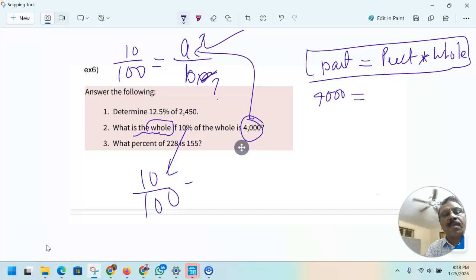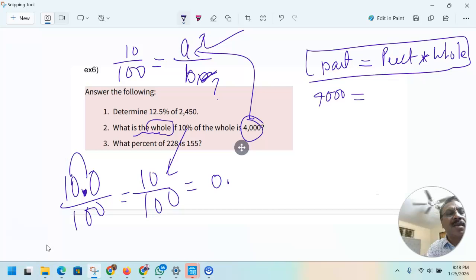So this is same as, yet again I'm saying, 10.0 actually. You move the decimal two places to the left, you get 0.10, and the whole, we don't know. We need to know what the whole is, right?